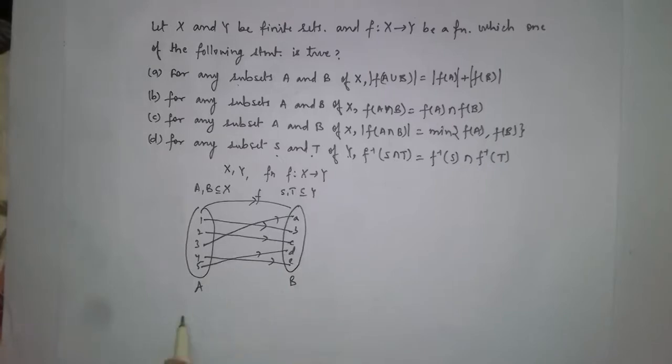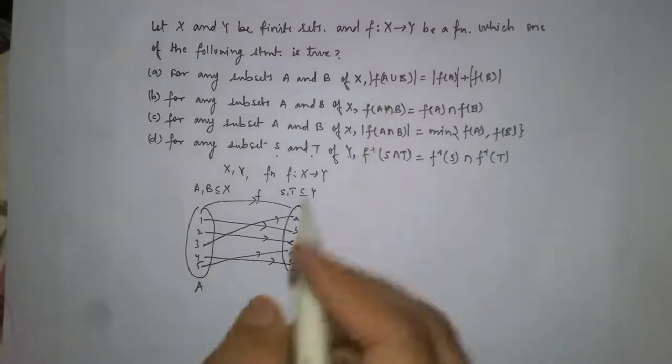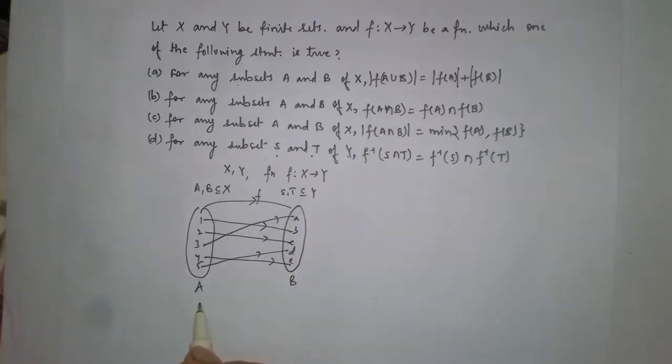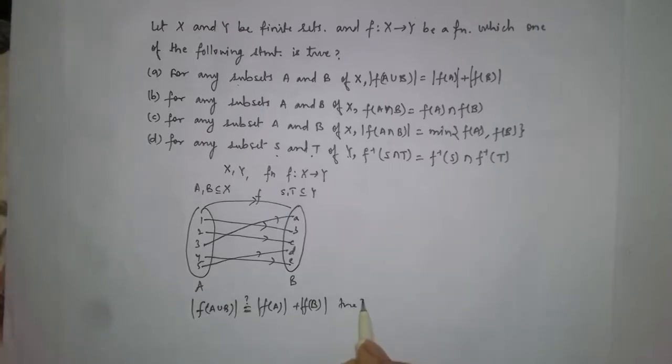Now the first option says that the cardinality of f(A ∪ B) is equal to |f(A)| + |f(B)|. Let's check whether it is true or not.